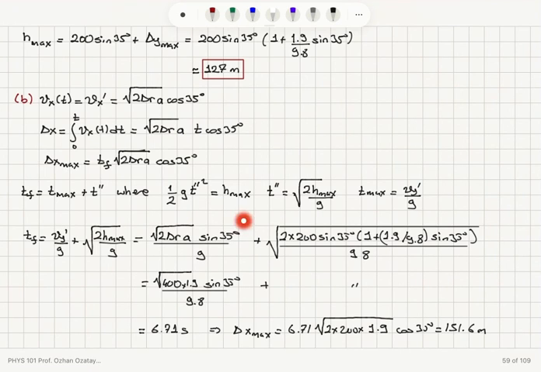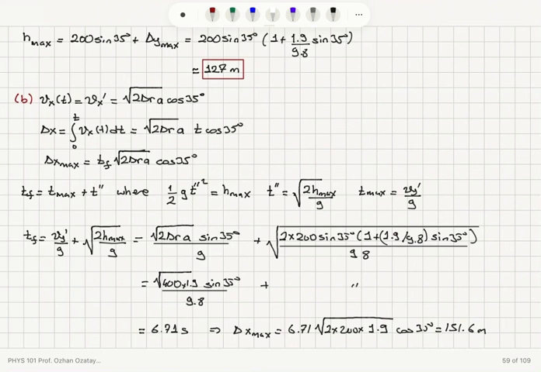That will be 1/2 g t double prime squared equal to h max, so t double prime is the square root of 2 h max over g. We already know what h max is, it's here. We also know what t max is, vy prime over g. We substitute the numbers and we obtain the fall time to be 6.71 seconds.